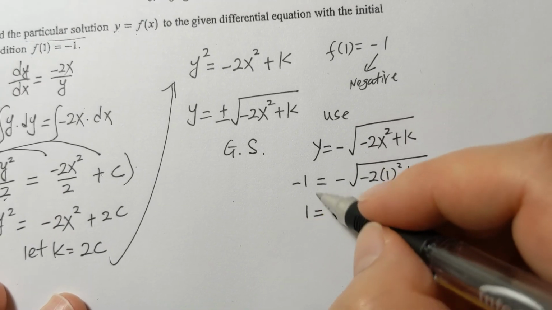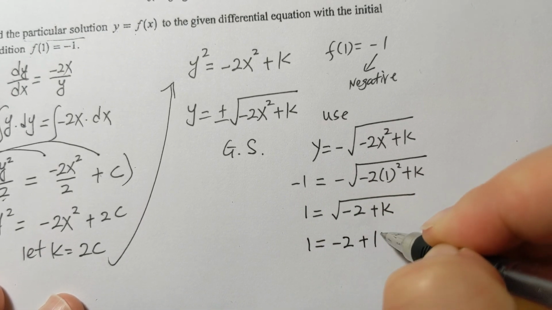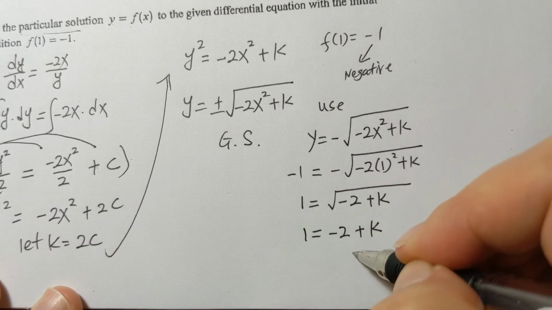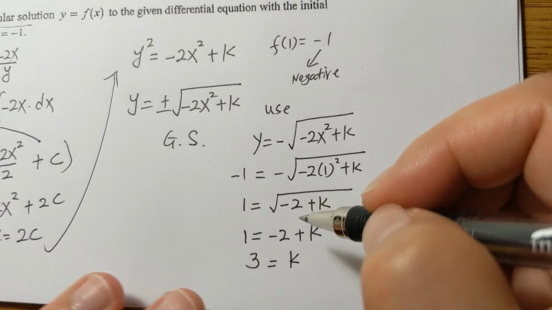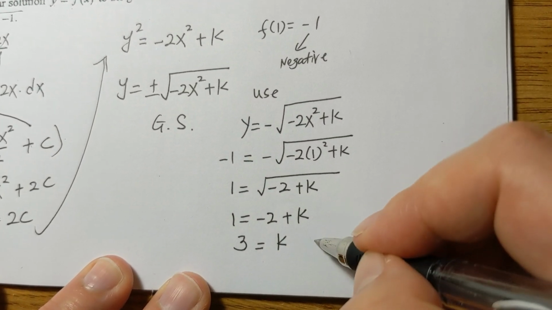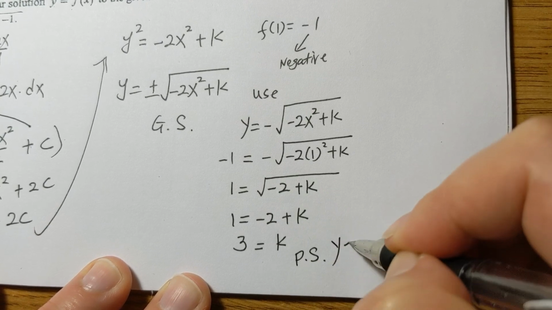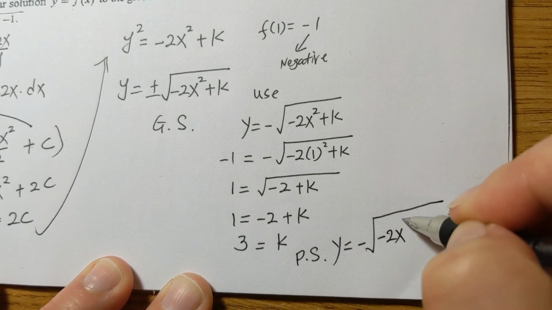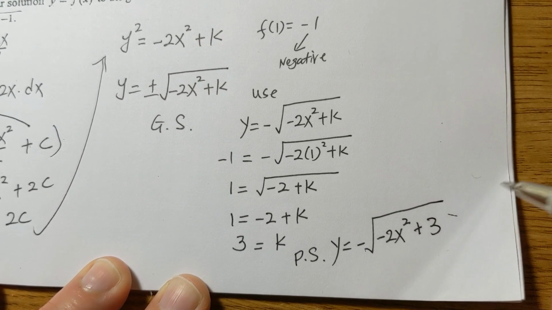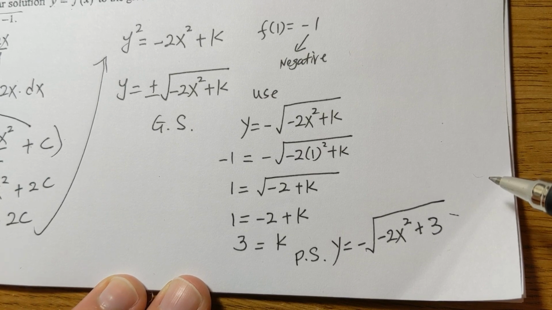Then we square both sides. So we got 1 equals negative 2 plus k. And then plus 2 on both sides, so k equals 3. So the particular solution will be y equals negative square root of negative 2x squared plus 3. Now we finish our question number 2.